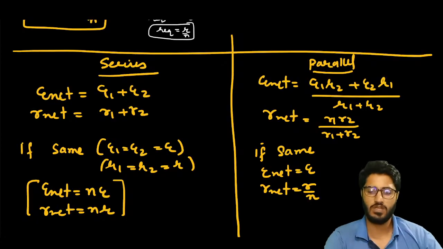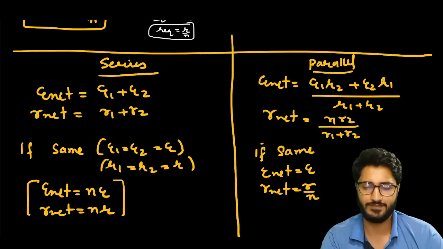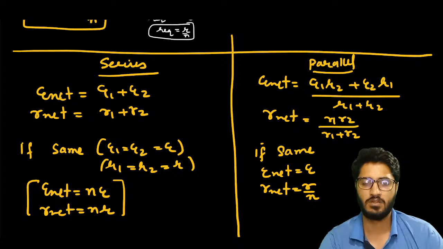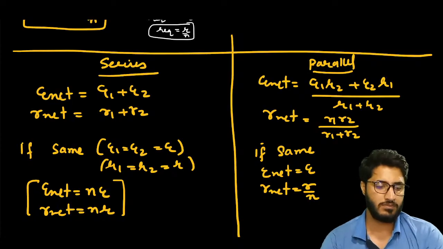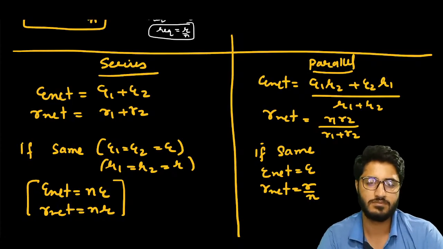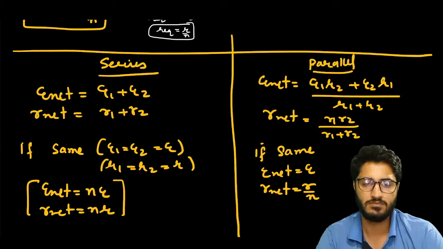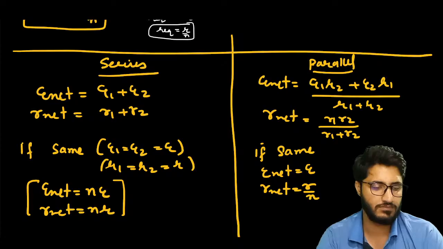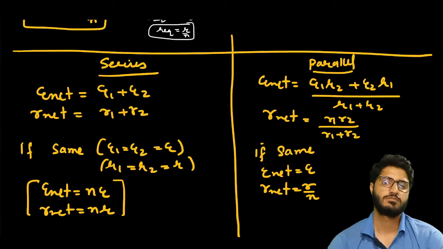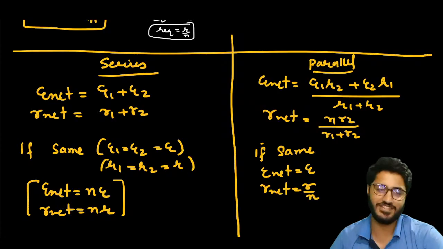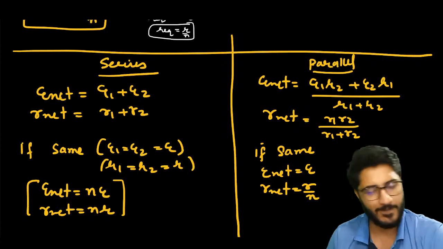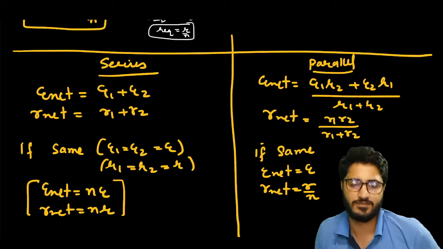This value you need to keep in your mind. Done? So these things should be in your mind, how to write these things. Okay, take a screenshot of it now.